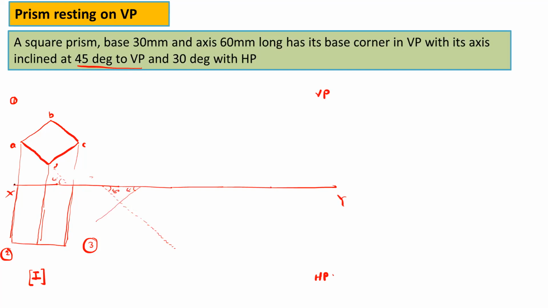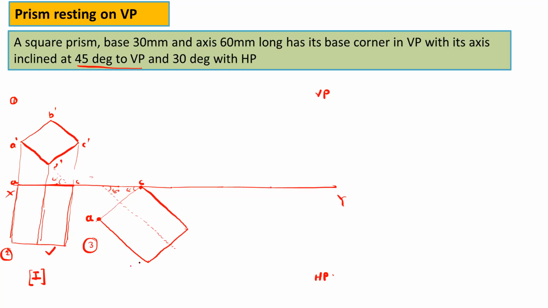On this line, you have to mark this base. So suppose this is A and C. So this is A dash, B dash, C dash, and D dash. It is resting on the C corner. So this is point A. And then complete the rectangle as it is. So it is similar to the first rectangle.